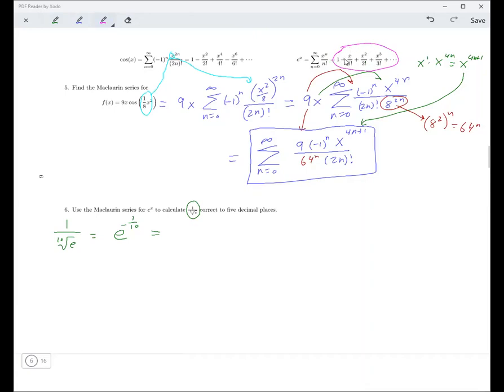So e to the x is 1 plus x over 1 factorial plus x squared over 2 factorial. But x is negative 1/10. Okay, so there's this 1 right here, plus negative 1/10 over 1 factorial. And then x squared would be negative 1/10 squared over 2 factorial.